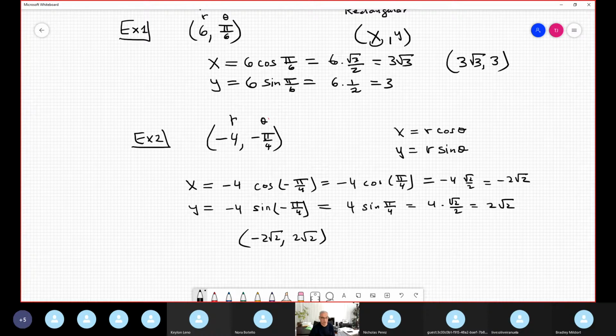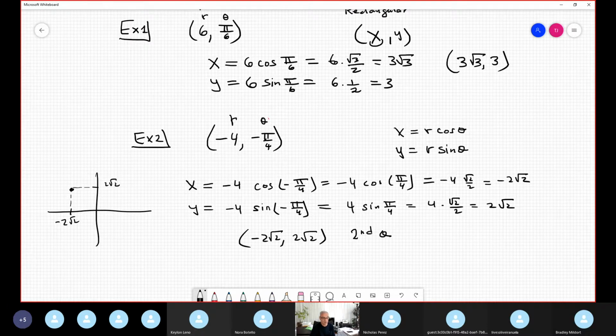This is a good check because I predicted it is in the second quadrant. Remember, I predicted it. Our point in rectangular xy is located here.